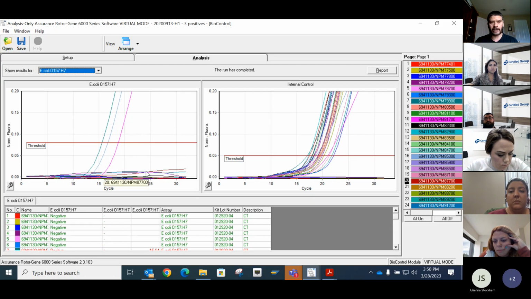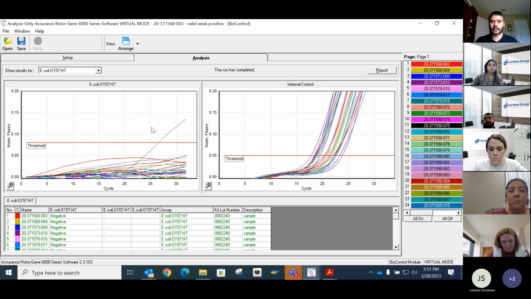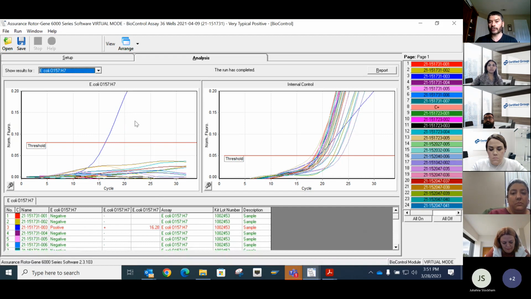Minimum float in the lines here. This is just a perfect GDS real-time PCR analysis. Great sample prep, no questions there. Those are really the valid positives. There's not a whole lot of variation in them. Like I said, this is the only variation outside of these two that you'll see.